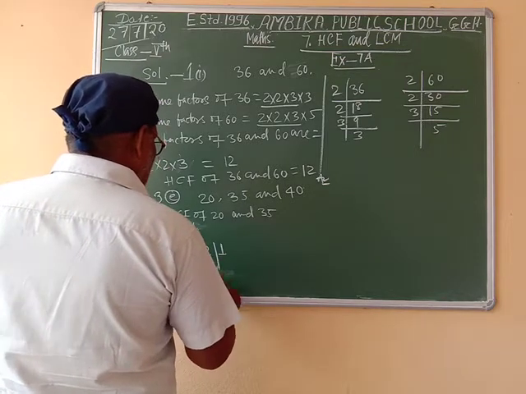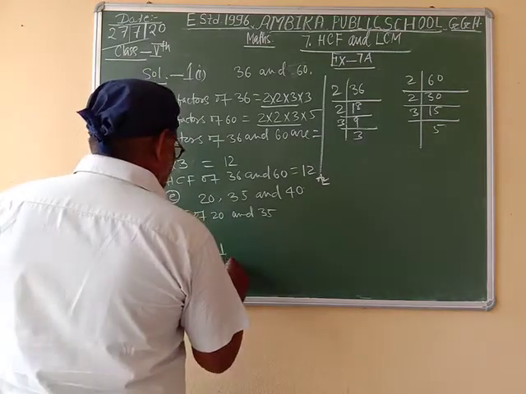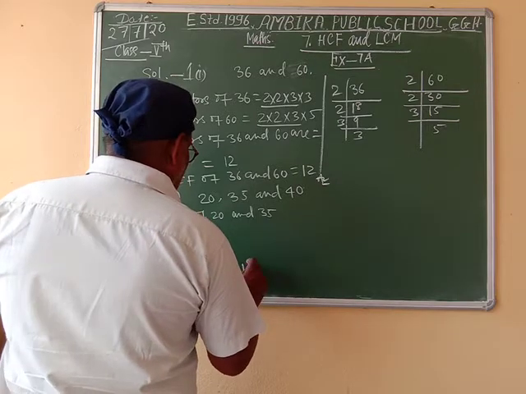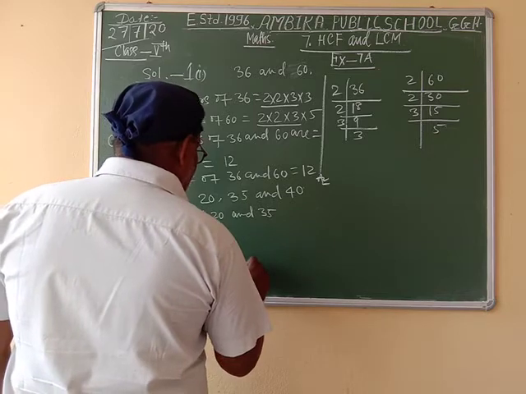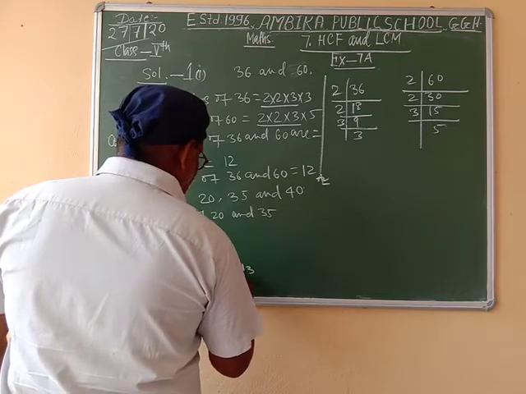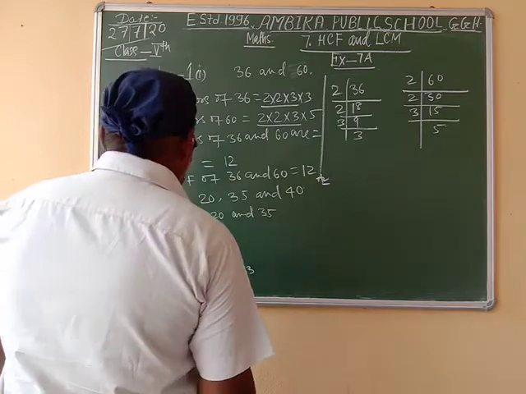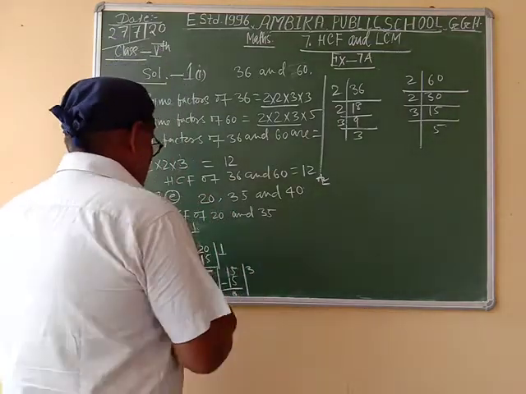Again, the new divisor is 5 and the new dividend is 15. Dividing by 5, it goes 3 times in 15, so 5 threes are 15. Here the HCF of 20 and 35 is 5.